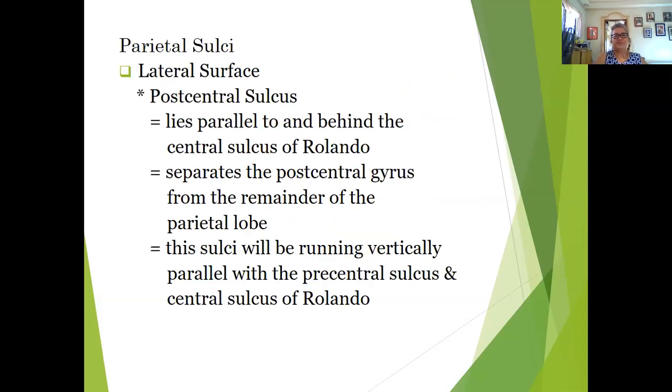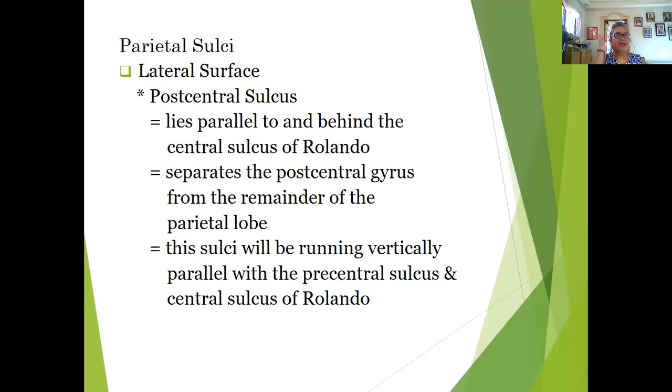Then you have the sulci. On the lateral surface of the parietal lobe, you have the postcentral sulcus, which is parallel with your central sulcus of Rolando and your precentral sulcus.